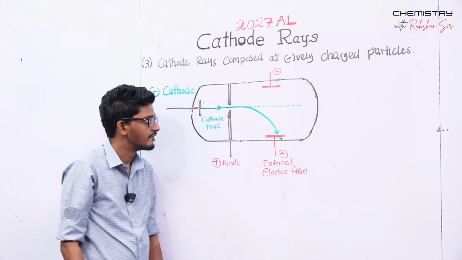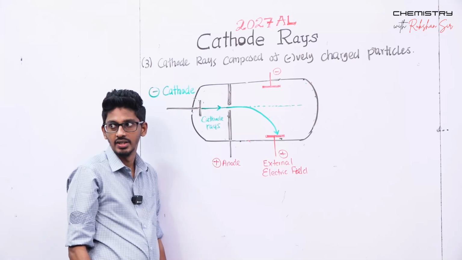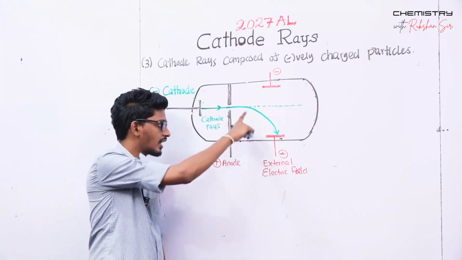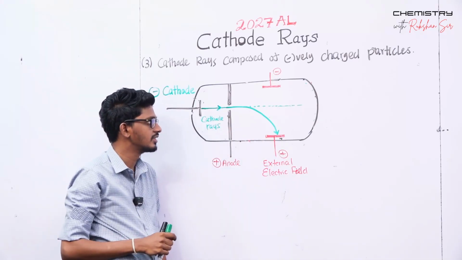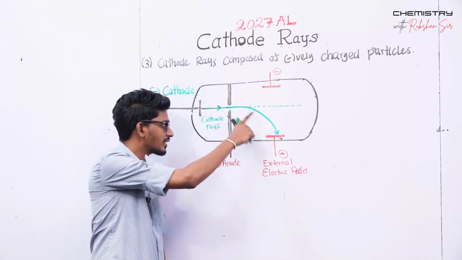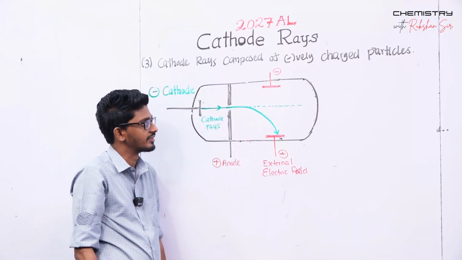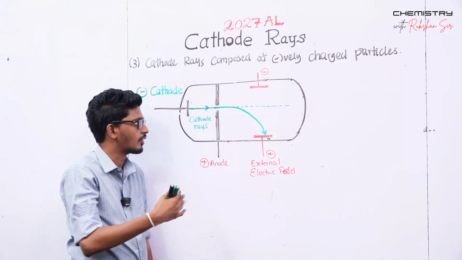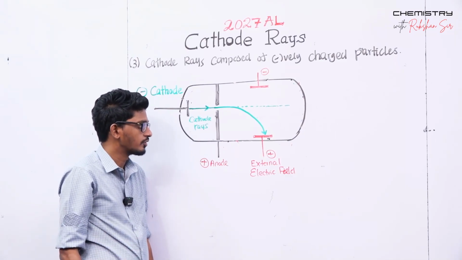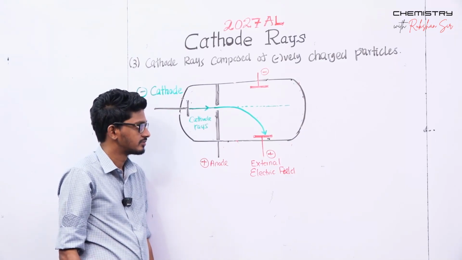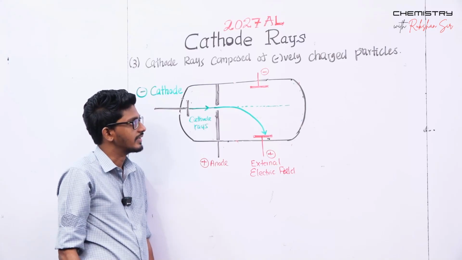That is how we conclude that, right? If cathode rays are coming towards the positive terminal of the external field, we can say the cathode rays carry the opposite charge. That means negatively charged. It is how we prove it with the use of an external electric field. The cathode rays are negatively charged particles.